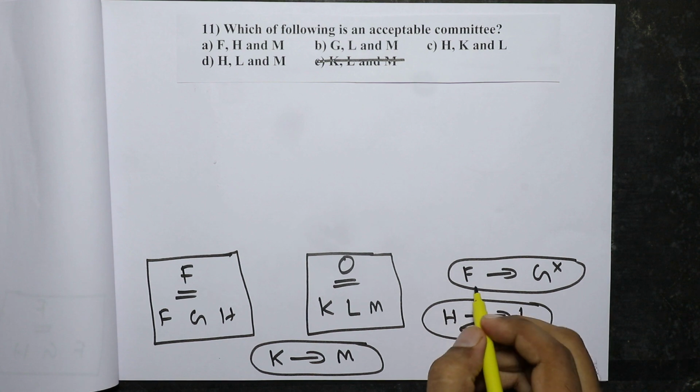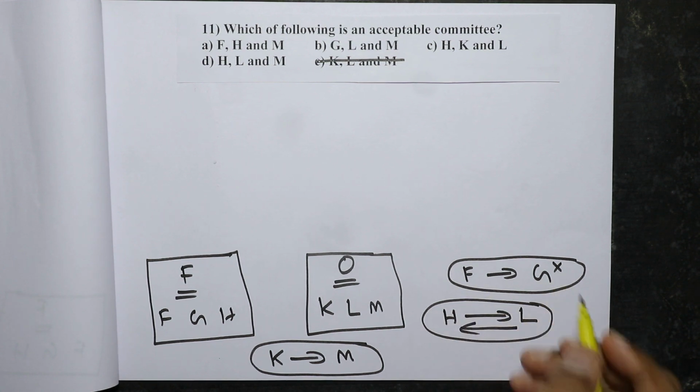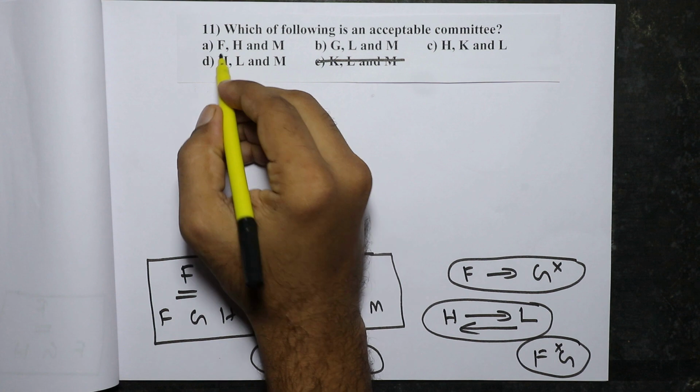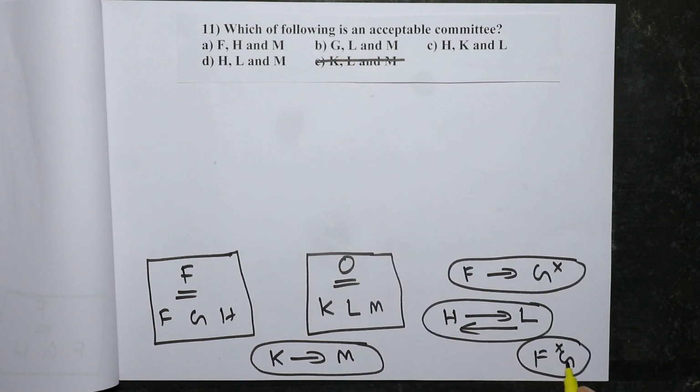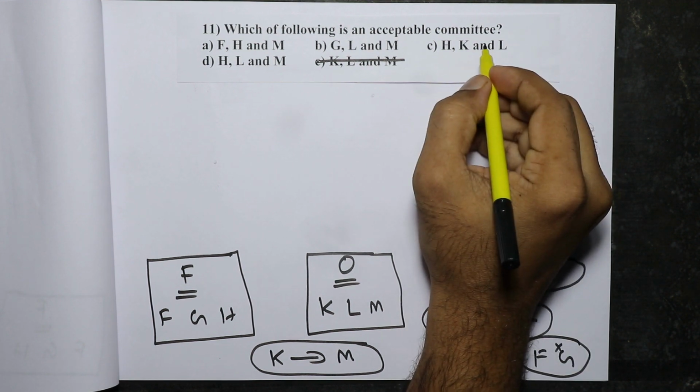The other condition is that if F is appointed, G cannot be appointed. So basically what it means is that both F and G cannot be there. So if both F and G are there, then that option can be eliminated. Here only F alone, that is okay. Here G is there, F is not there, that is okay. Here it is neither F nor G, that is okay.